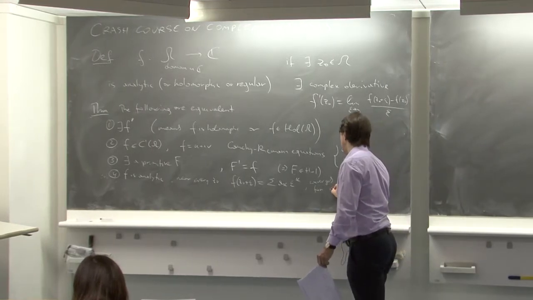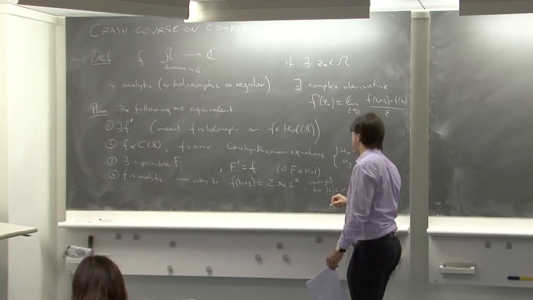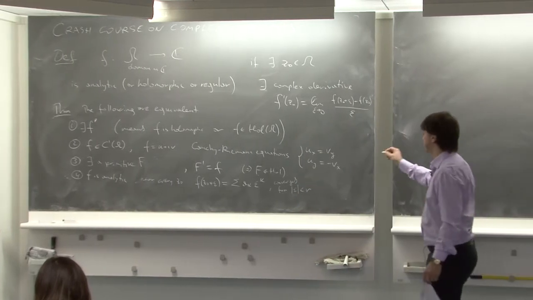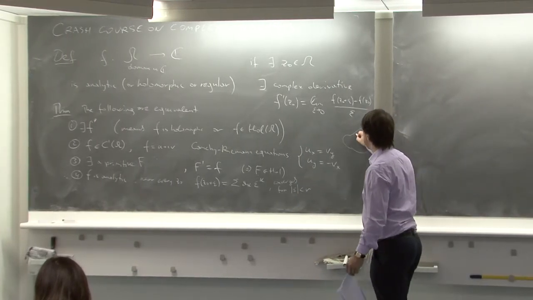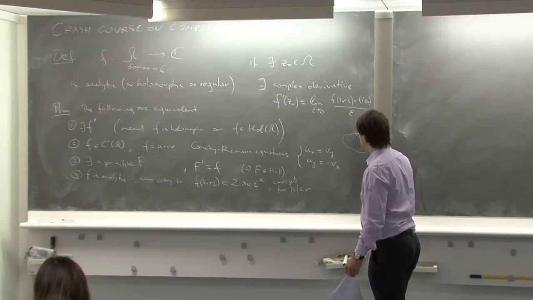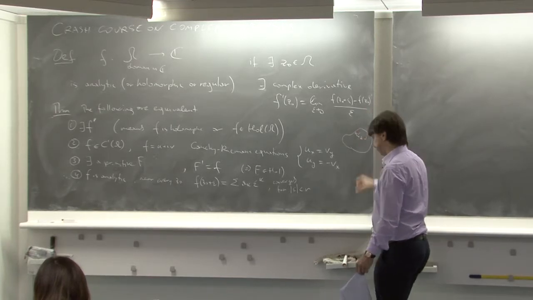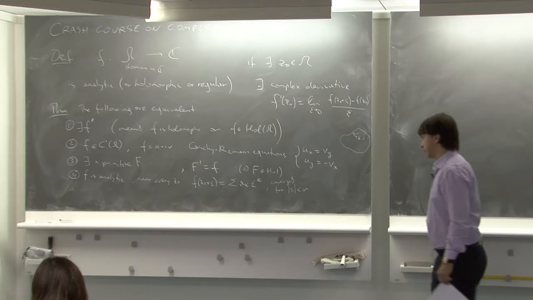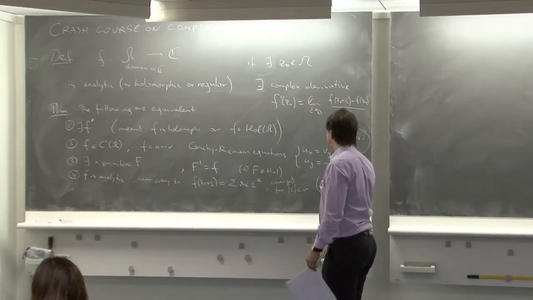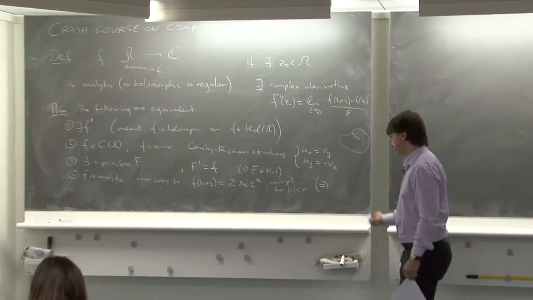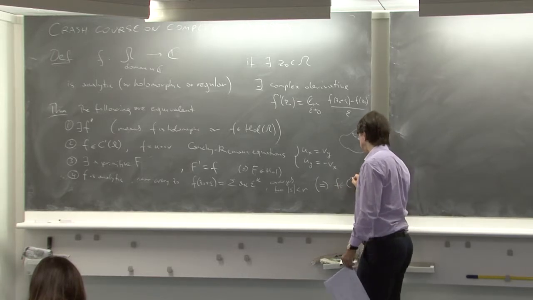For absolute value of epsilon smaller than r, where r can actually be chosen to be the distance to the boundary. So that immediately implies that f is C infinity in omega.